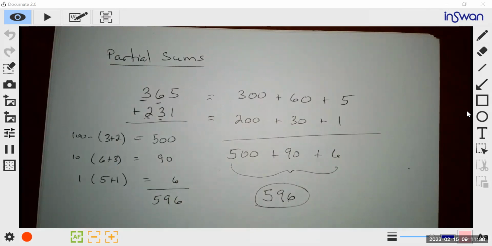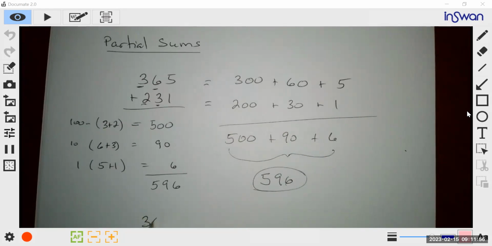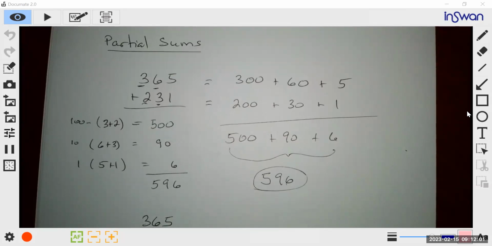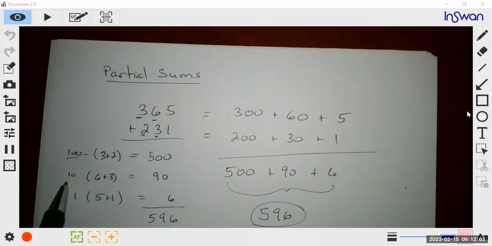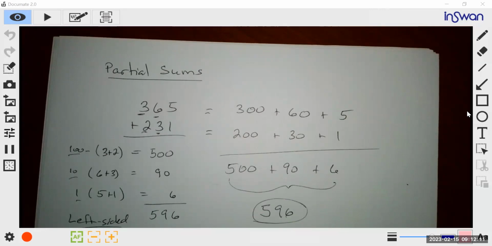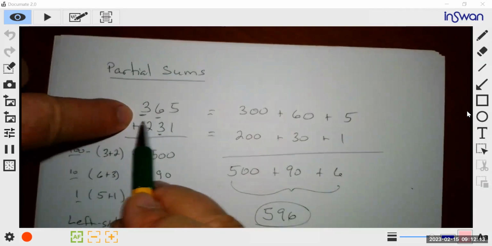Add each one of those. I'm using the same numbers. Because you see how we start with the hundreds, tens, and ones? This is called the left side or left-sided partial sum. I start with the numbers on the left side and work my way in.